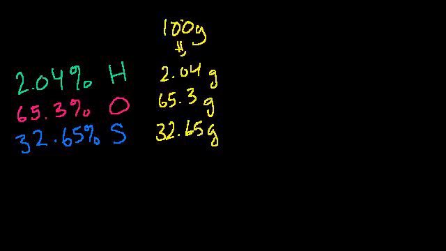So what is the mass of 1 mole of hydrogen? Well, we know the mass number for hydrogen is 1.